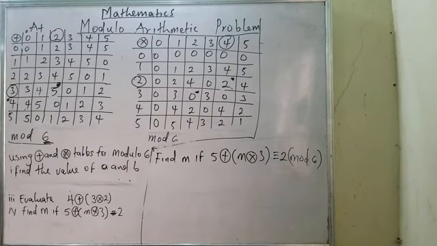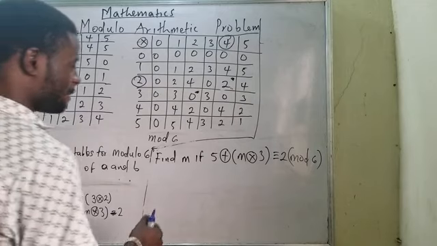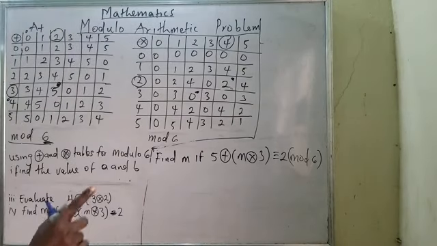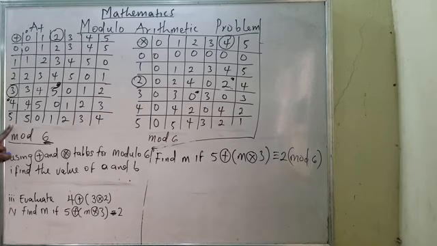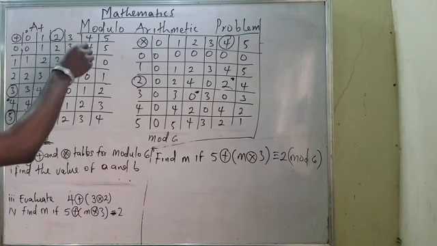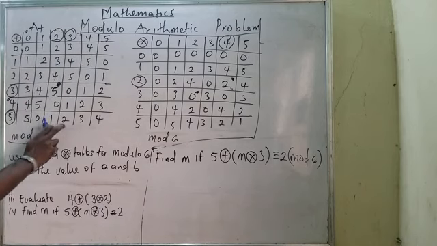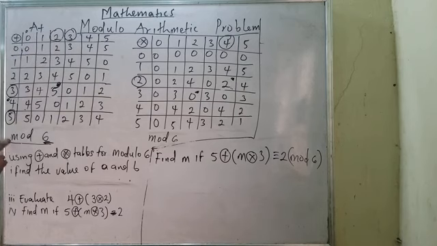Now, I will continue by asking, what can I operate with that will give me 2 on addition? What can 5 operate with to give me 2? Look at this. This and this will produce 2.